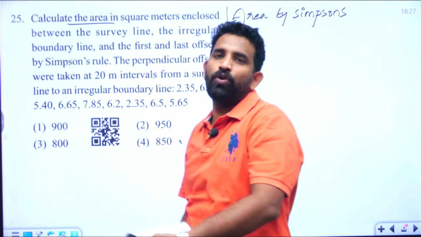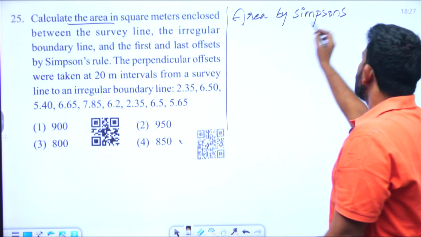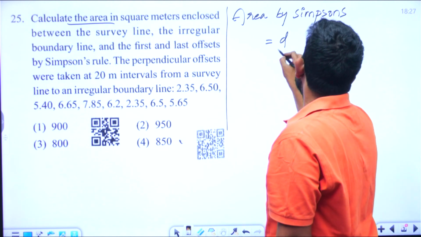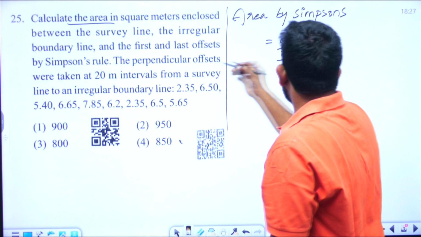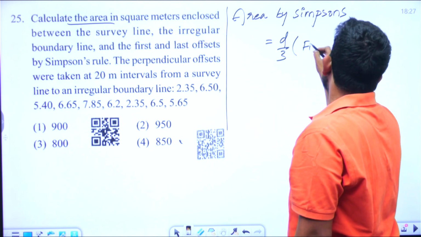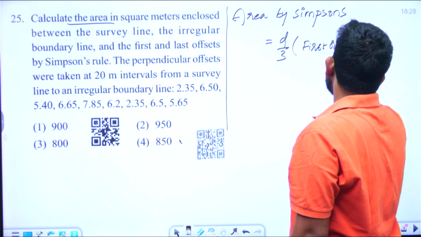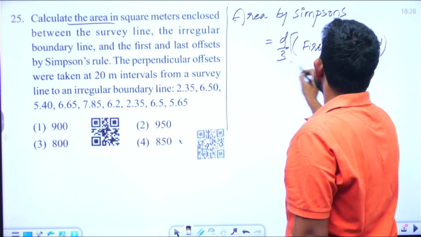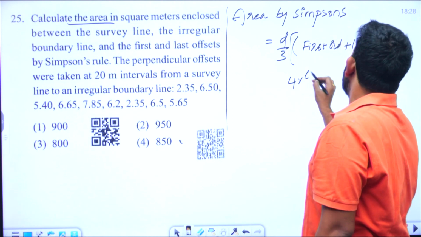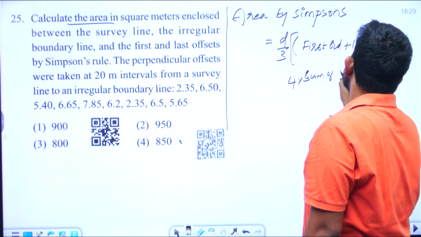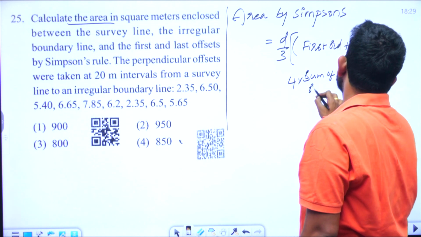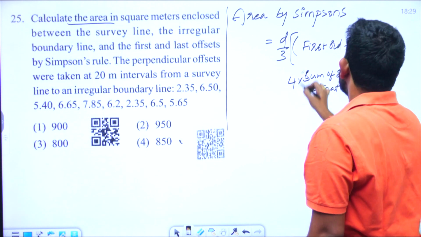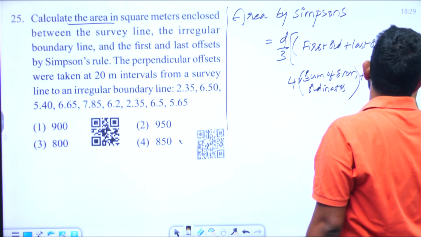Simpson's rule, which we also call the prismoidal rule. By using Simpson's rule we are supposed to find the area, and the formula of Simpson's 1/3 rule is d by 3 into first ordinate plus last ordinate, plus 4 into sum of even ordinates, plus 2 into sum of odd ordinates.